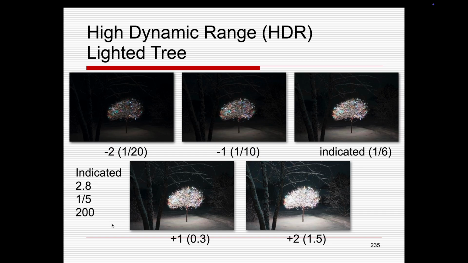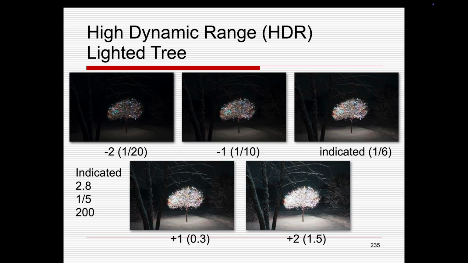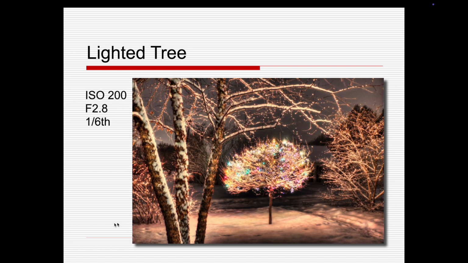So when I take these images and sandwich them together in Photomatix Pro, this is what I end up with. And now we have a picture that would be impossible to make with just one of these other images, as you can see here. All the detail in this picture is in the other images, and when I sandwich them together and polish it a little bit in post-processing, this is what I end up with.